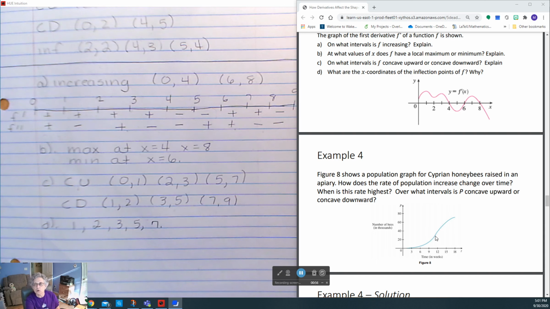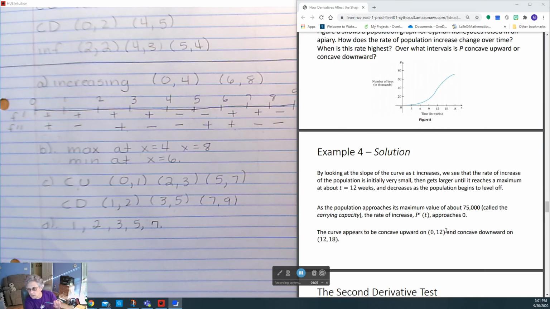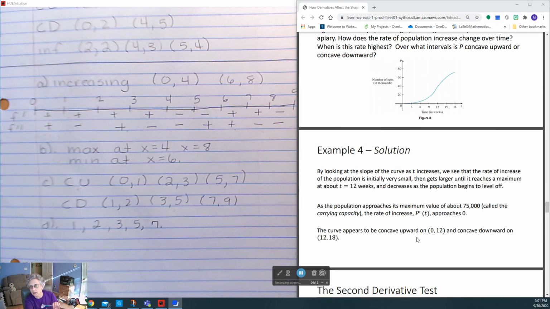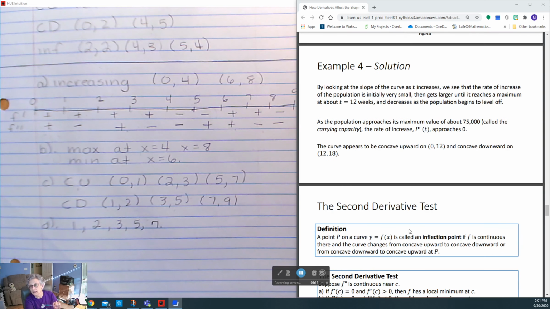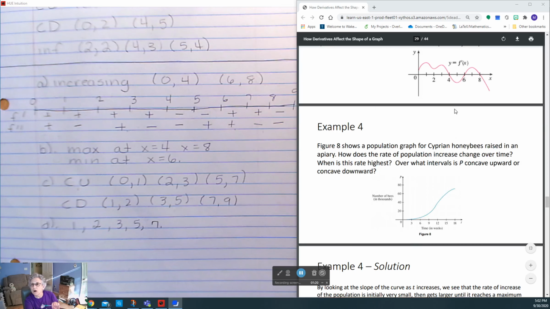Where it is growing at the fastest rate is where it changes concavity. So right around 11, 12 weeks, let's see, 12 weeks. It appears to be concave up on 0 to 12 and concave down on 12 to 18. So, and it levels off at what is called the carrying capacity.